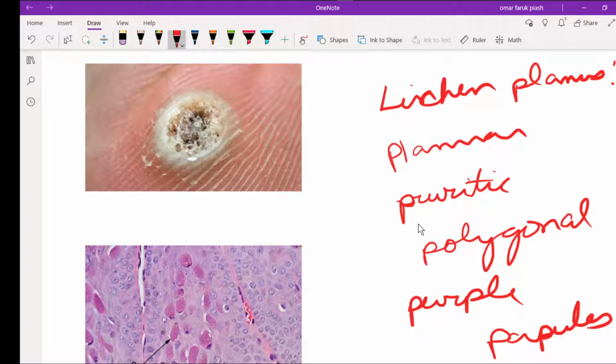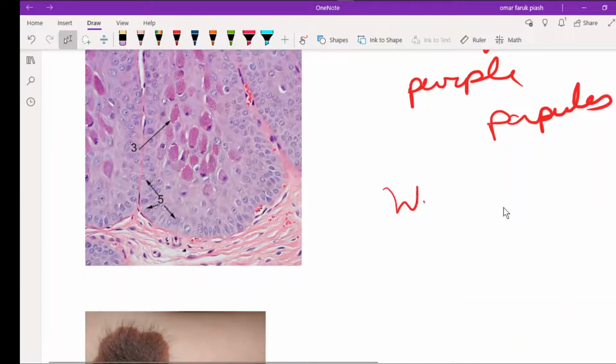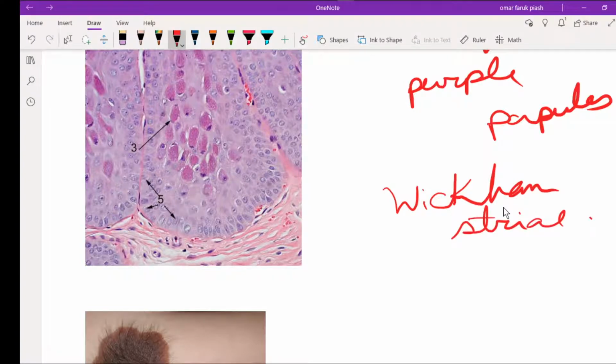Often with reticular white lines on the surface, it is known as Wickham stria.